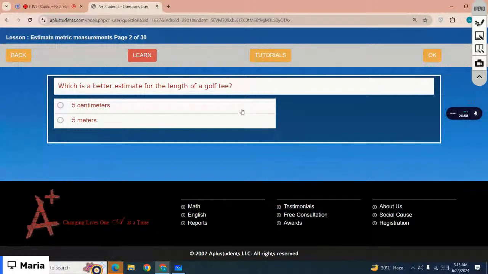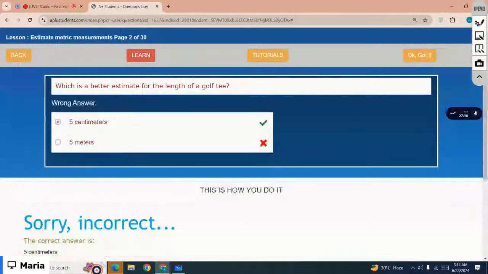The correct option is, golf tee, it will be 5 centimeters. I think that would be 5 meters because 5 centimeters is too small. That is 5 centimeters, right? The correct option is 5 centimeters. Okay, got it.